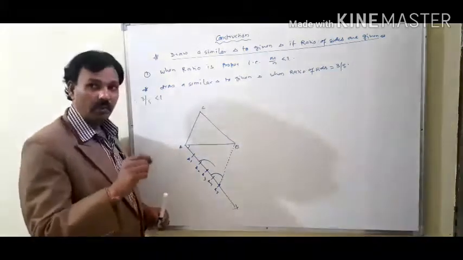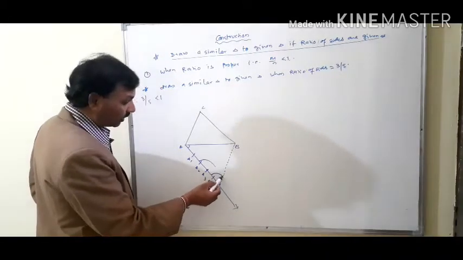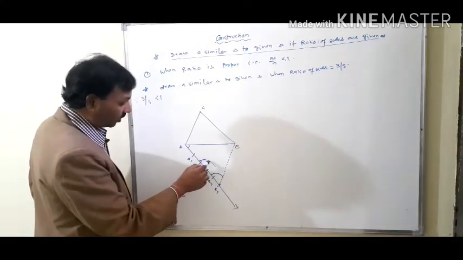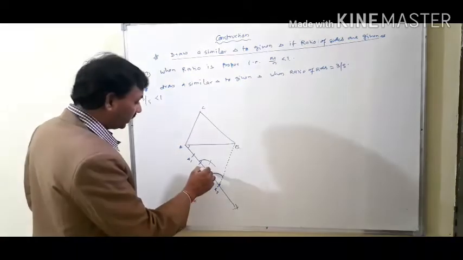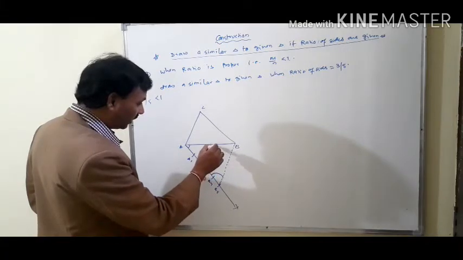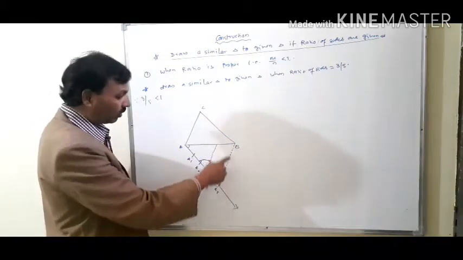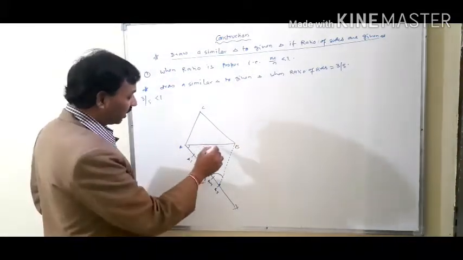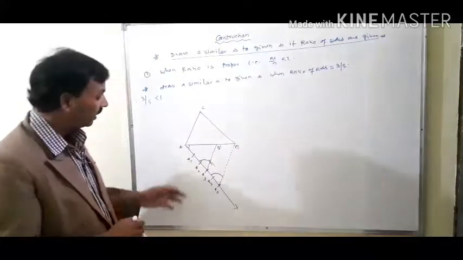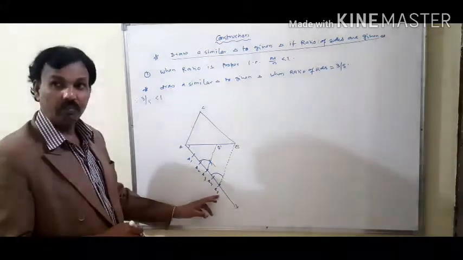Now, with the help of the compass, measure the length of this arc from here to here, and cut another arc from here, and join A3 to the intersection point of this arc and draw in the upward direction. This line will be parallel to BA5, and suppose we name this intersection point B dash. That means B dash A3 is parallel to BA5 by the construction.